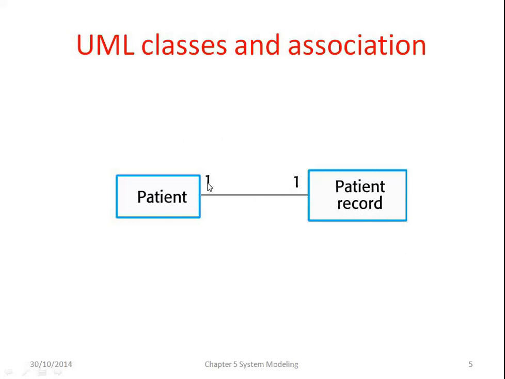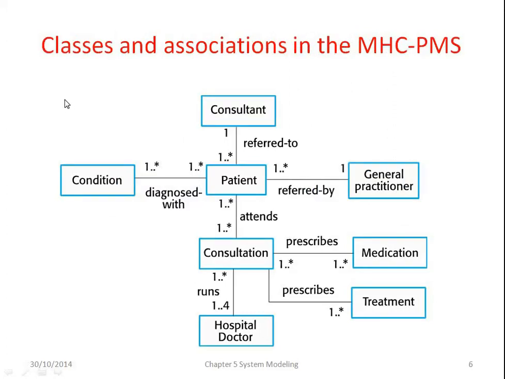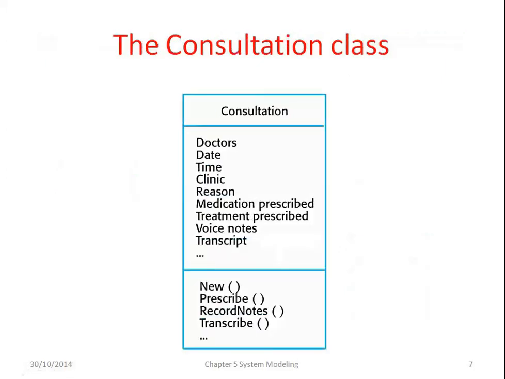The second example shows classes and associations in the mental health care patient management system. Here one-to-star indicates one-to-many relations: patient, consultant, condition, reports. So this diagram shows the classes and associations in the mental health care patient management system.